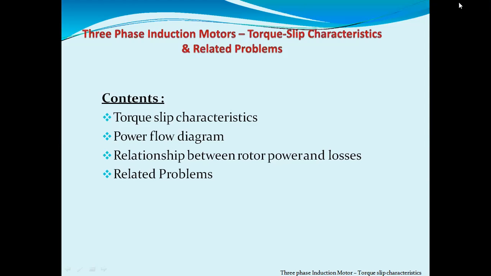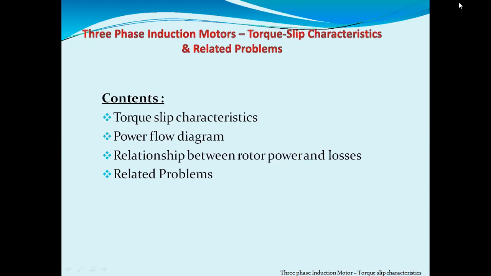For B, we can take cos omega t minus 240, because there will be a 240 phase difference between R and B. We have seen these equations. Now we are supposed to study the torque and slip relationship, their characteristics. Torque is directly proportional to I2.